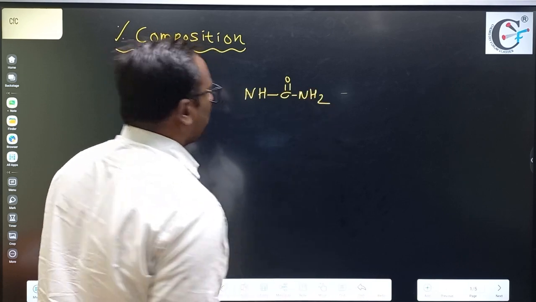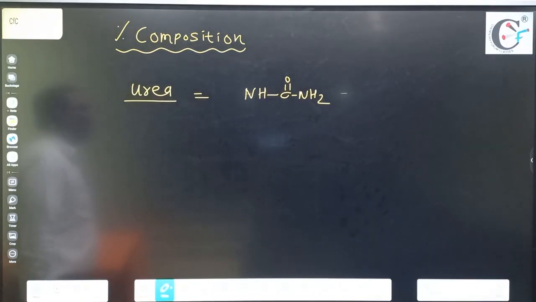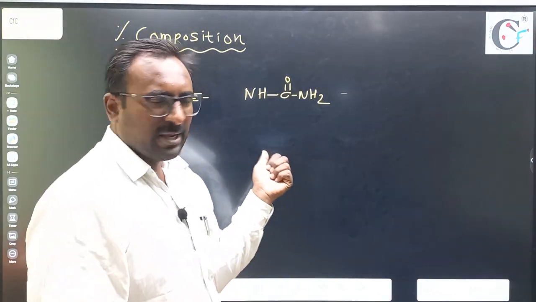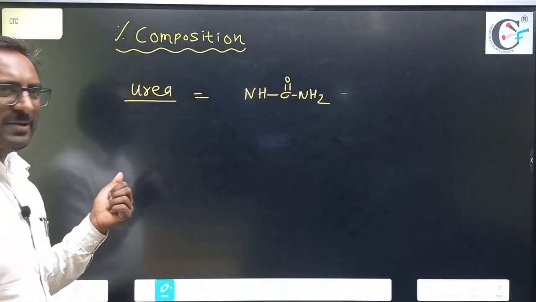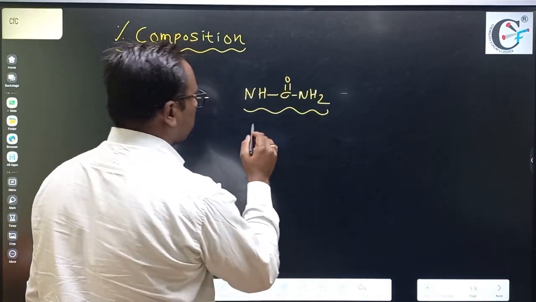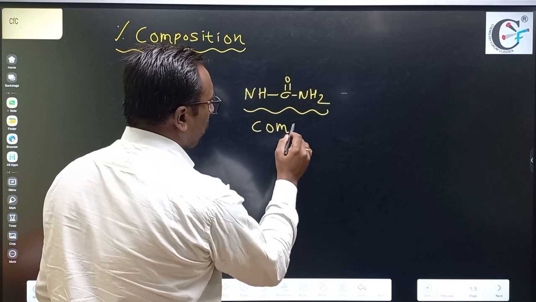So if I say calculate the percentage of nitrogen in urea, how to calculate the percentage? This urea is a compound.